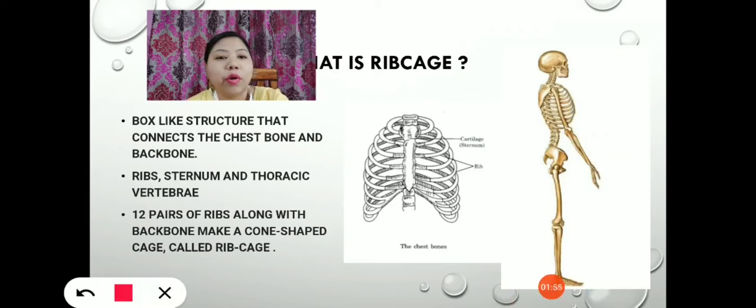It is a box-like structure and it connects the chest bone and the backbone. Ribs, sternum and thoracic vertebra are the parts of the ribcage.